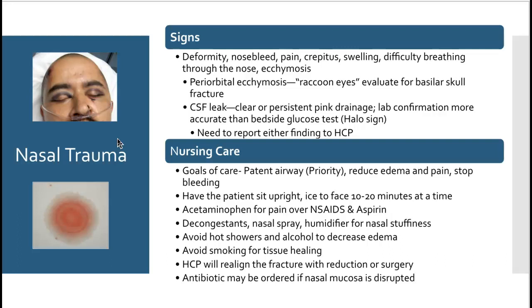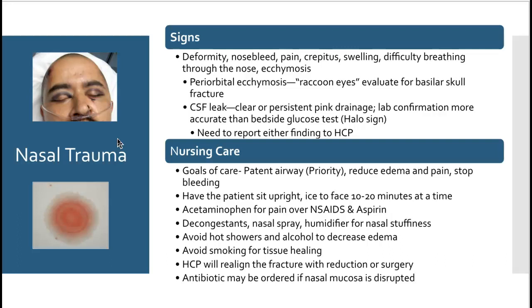The risk for that, because it's so close to the brain, is that somebody could end up with a cerebral spinal fluid leak. And when we think about our cerebral spinal fluid, you think about how it's really important that that stays sterile, and if something is able to get out, then other things can get in.